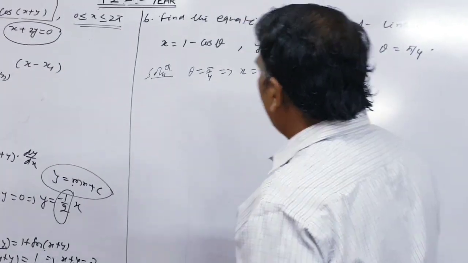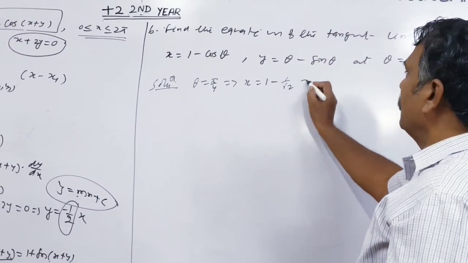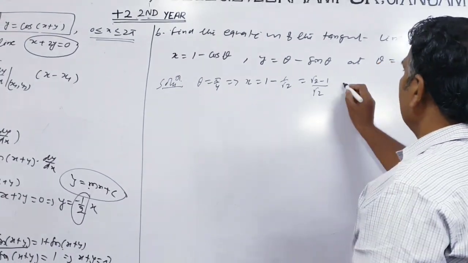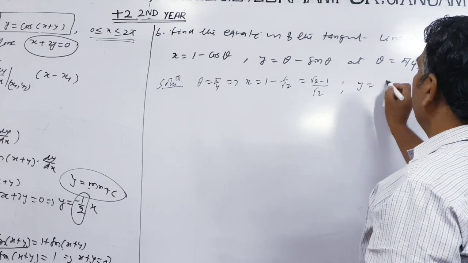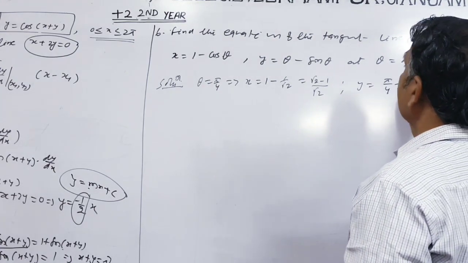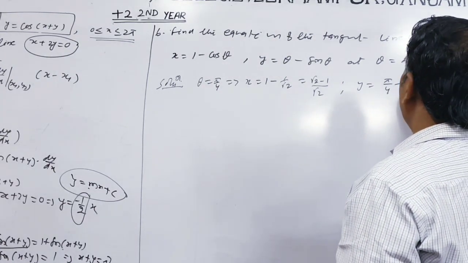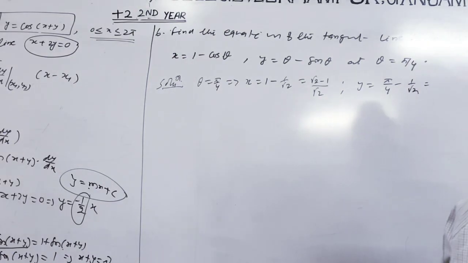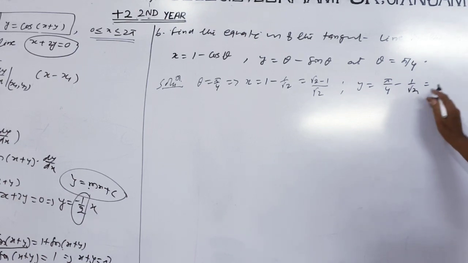What is cos pi by 4? 1 by root 2, or root 2 minus 1 by root 2. Similarly, y equal to pi by 4 minus sin pi by 4, 1 by root 2, equal to, what is the LCM? So 2 root 2. 4 root 2.